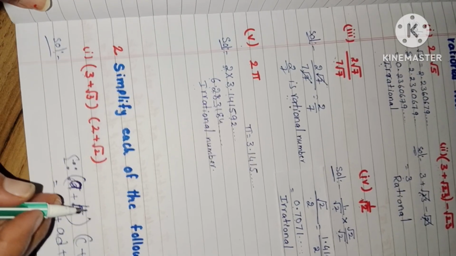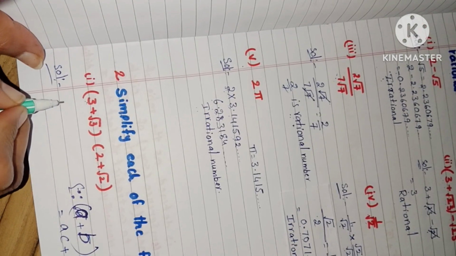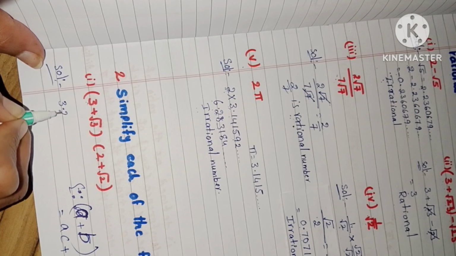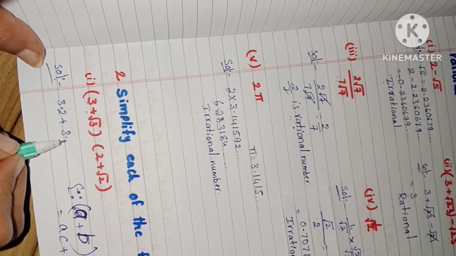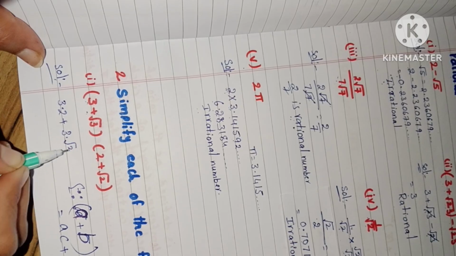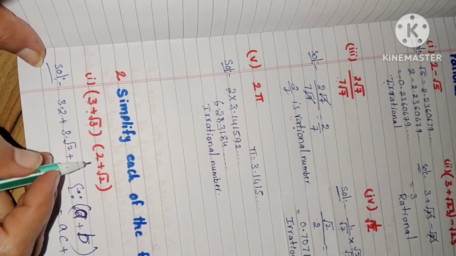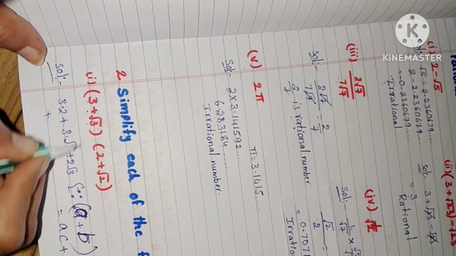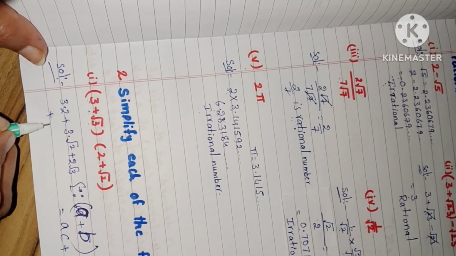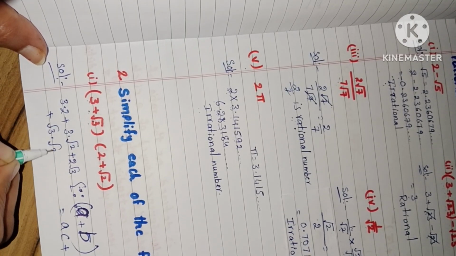By this rule, we can write this as 3 times 2 plus 3 times root 2 plus root 3 times 2, which is 2 times root 3 plus root 3 times root 2.